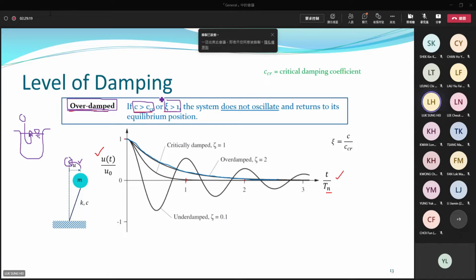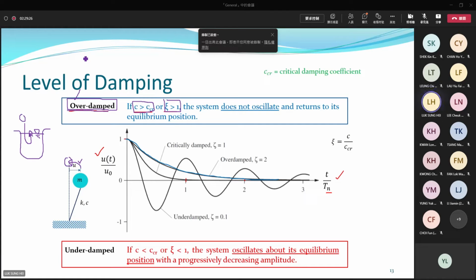Then what is the other scenario? One is over, then the other one should be the opposite, right? Underdamped system. For an underdamped system, mathematically, that means your damping coefficient is less than the critical number, or damping ratio less than 1.